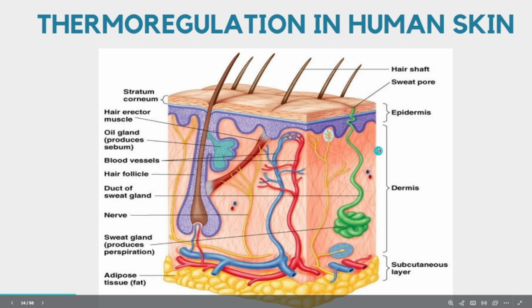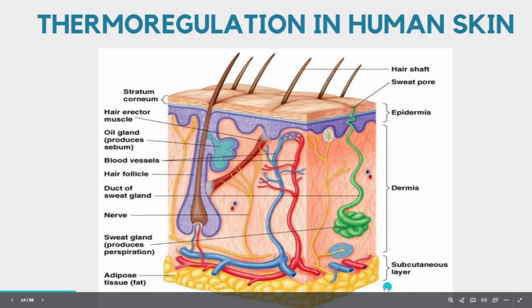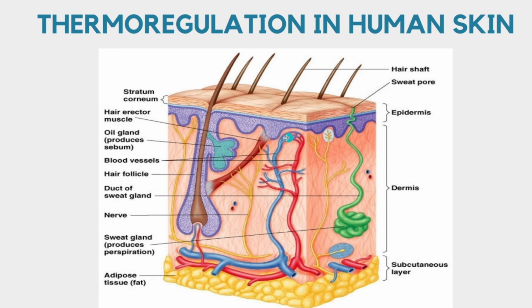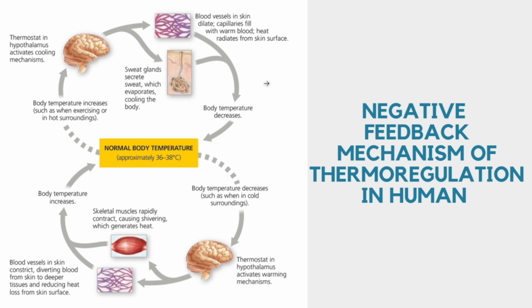After that is the dermis, which is the thick part, and then the final part is the subcutaneous layer, which is the fat layer containing the majority of the fat. You can see the blood vessel, and then the sweat gland to produce the sweat. Of course, humans also have hair. So this is the anatomy structure of the skin.